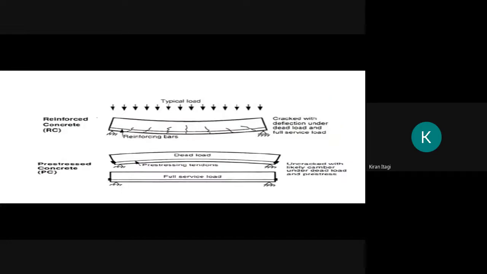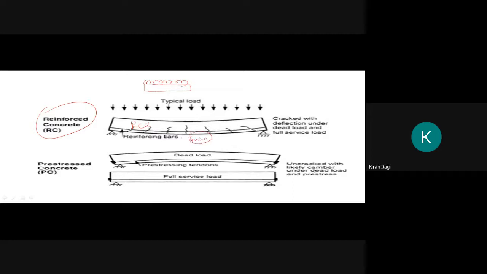Initially I showed some examples. This is your RCC. Before applying the load, it was like this. Here we applied a uniformly distributed load. After applying, you can see the cracks, or the sagging of the beam. This portion we call the tension.